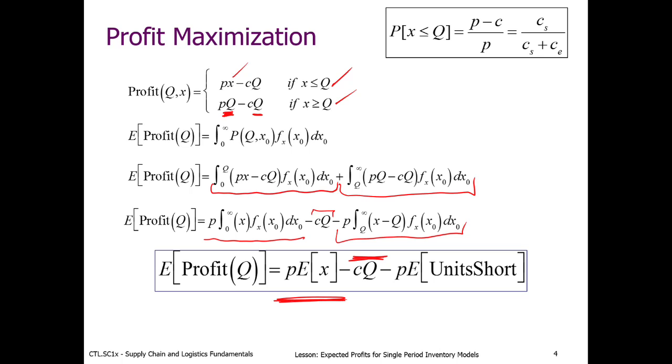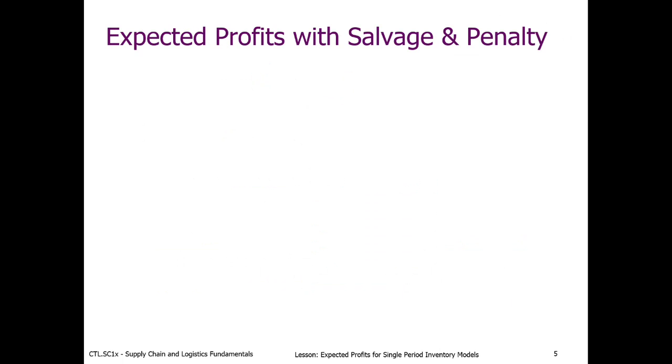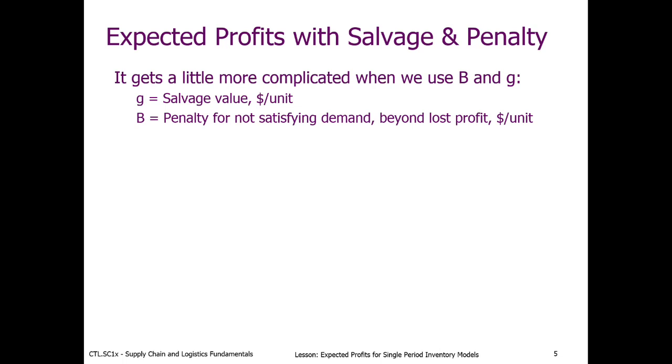In the third term, I have to subtract off the expected units that I'll be short, because in this first term, remember, I'm multiplying my price per unit times my total expected demand, regardless of what my Q is. But I know I'm not going to sell all of those. I'm only going to be able to sell up to Q, so I've got to subtract off the expected number that I'm short.